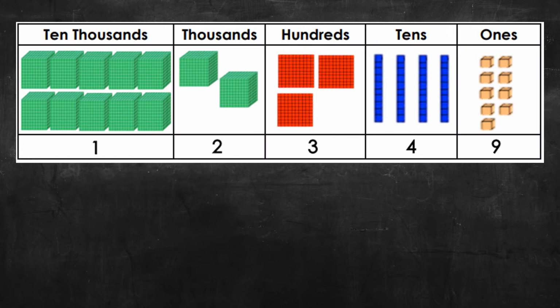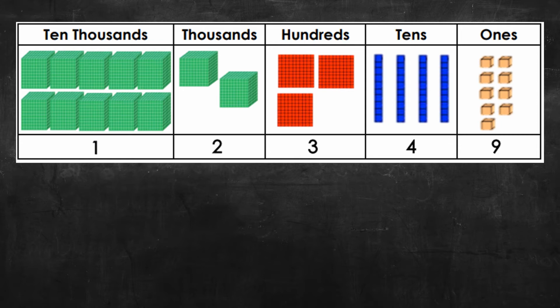Another way to visualize how big a number is, is by using blocks and grids. Look at this example. There are 1 10,000s, 2 1,000s, 3 100s, 4 10s, and 9 1s. The place value of 1 is in the 10,000s place, which is a value of 10,000. The place value of 2 is in the thousands place, which is a value of 2,000.